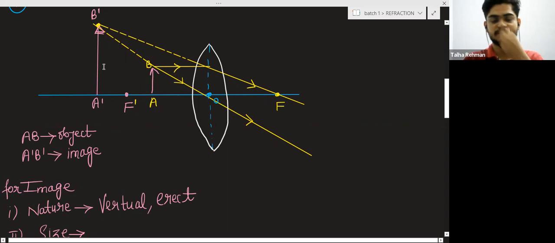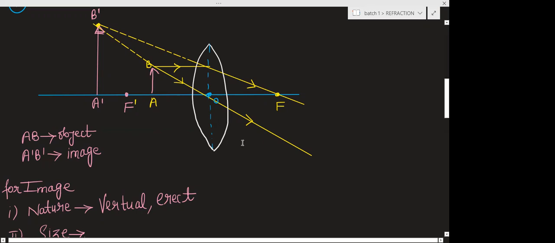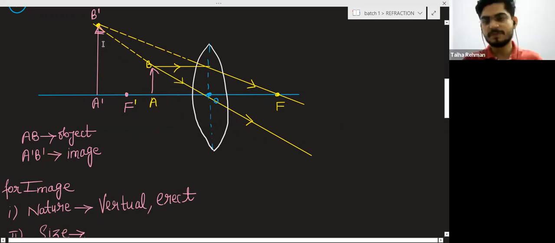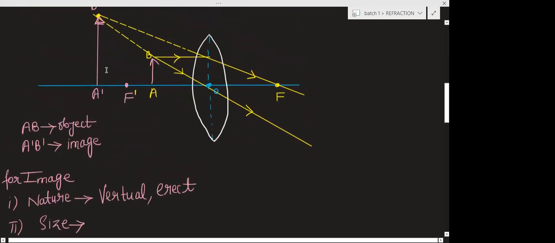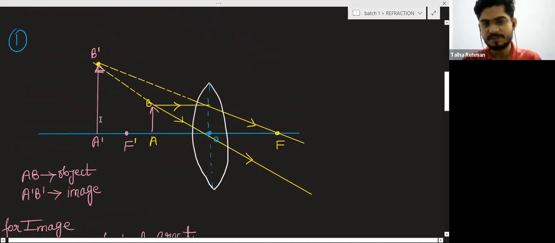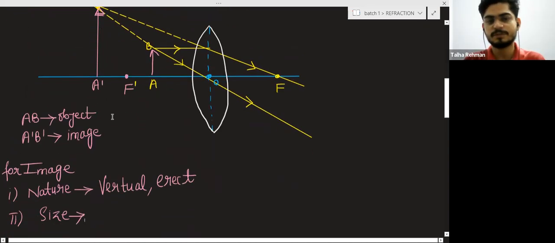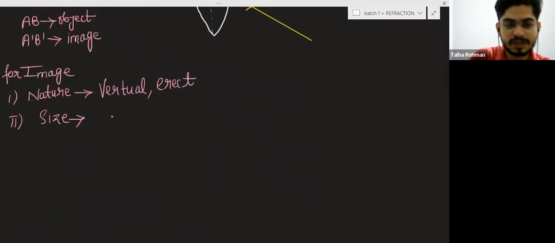Which is larger? Okay, Hamna, you tell. Sir, the image. Okay, the image will be larger. You can see here, the image is larger and this is the object. So the size you can say is larger than the object.